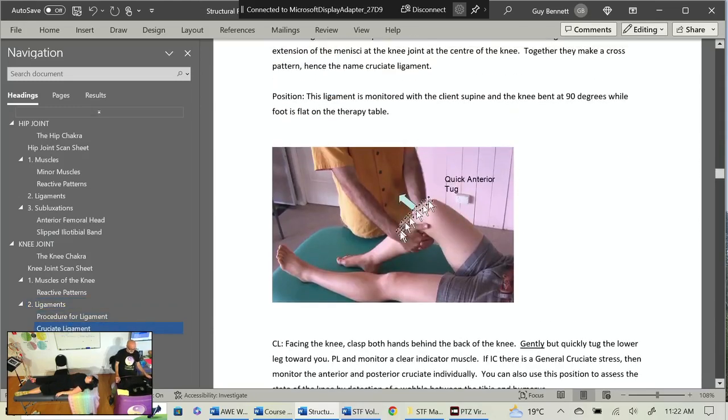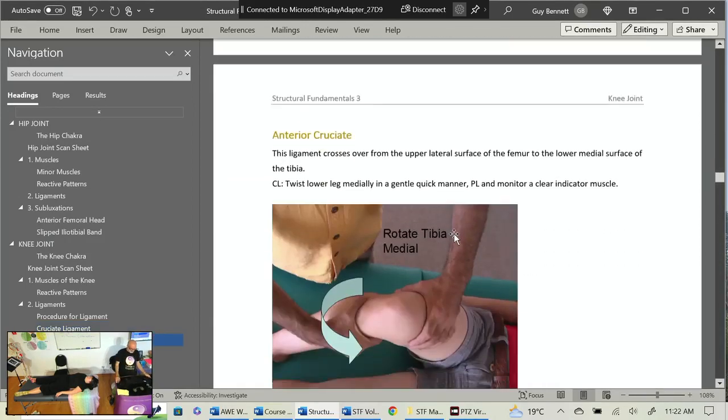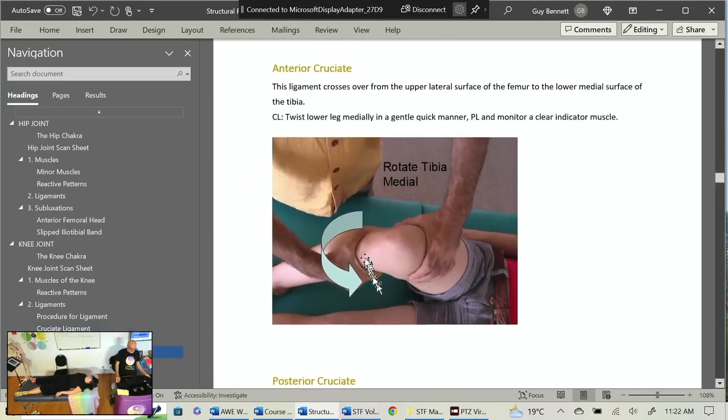So that's a quick test for you: pull the knee, the tibia, the shin bone, forward, and that stress tests the cruciate ligaments, so the anterior and the posterior. But then to isolate the anterior, you turn the knee medially, and that activates the anterior cruciate.